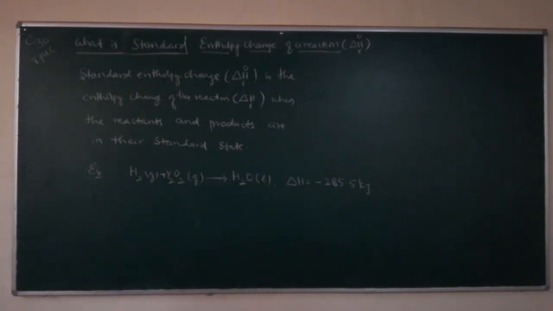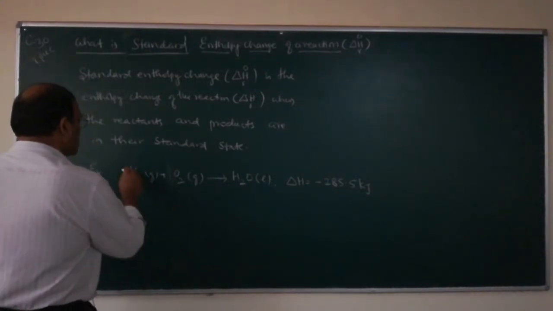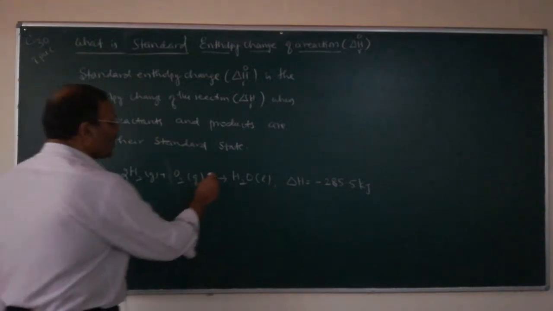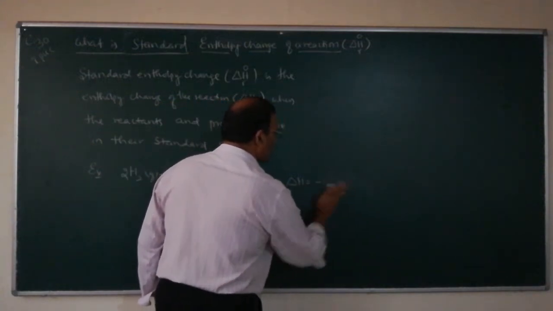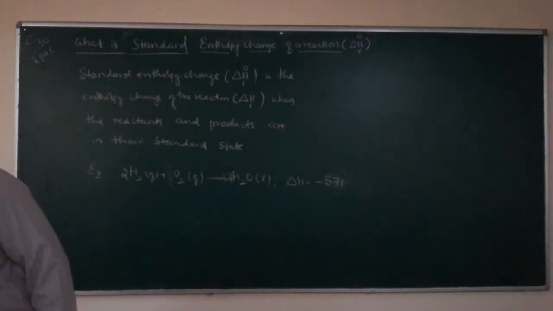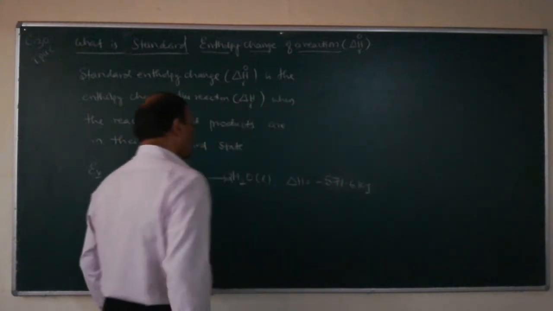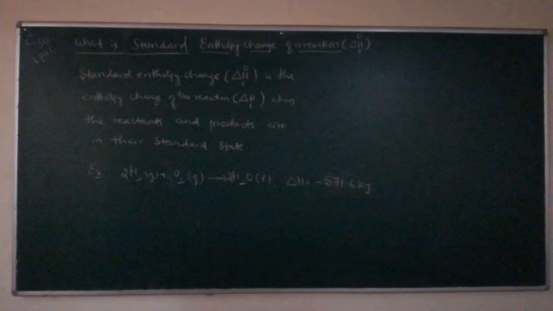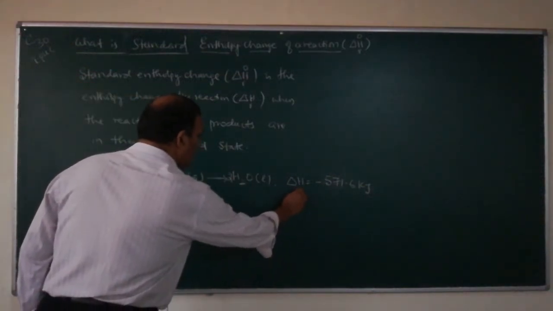Or otherwise you can write like this: 2H2(g) plus O2(g) gives 2H2O(l). Delta H equals minus 571.6 kilojoules. So in this reaction, this is delta HR.